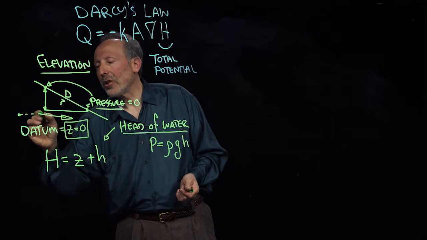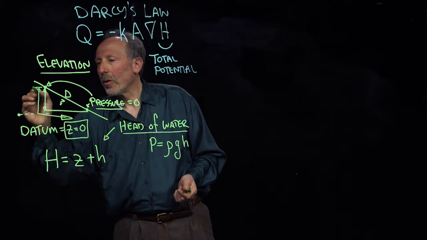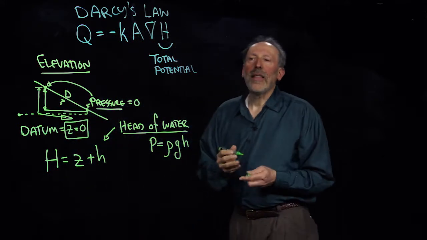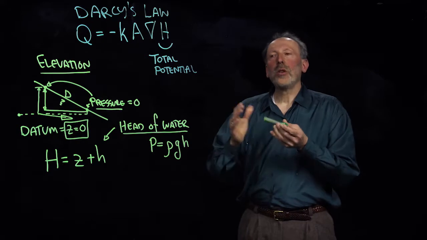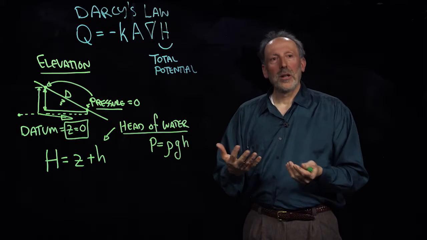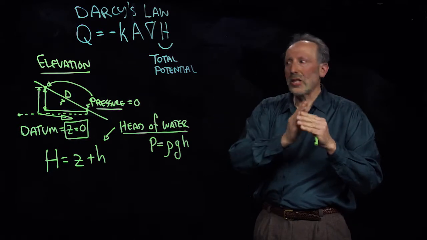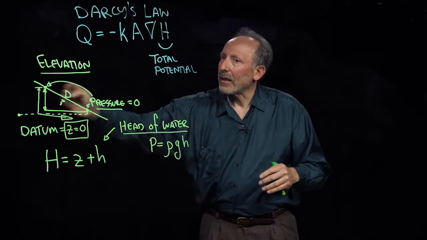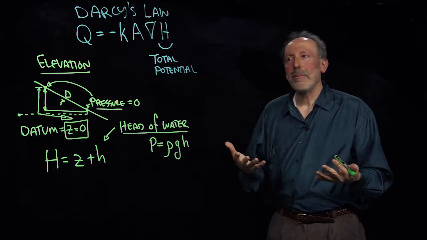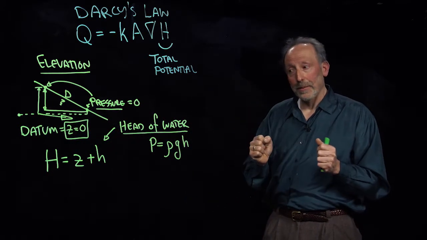Then all elevations will be measured relative to that datum. Okay? And the point is that water moves not due to the absolute value of the potential, but rather the local changes. And so as long as we well represent the changes in elevation, we're in fine shape. So that's how we can define the datum to be any place we like, so long as we're consistent.